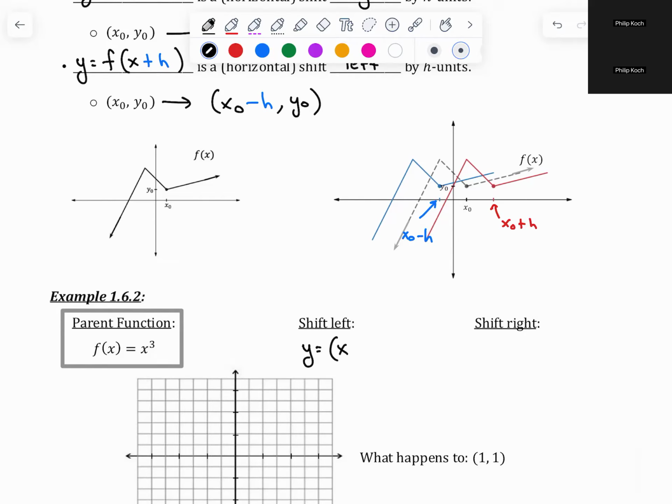A shift left would be x plus 2 cubed, and we'll graph that in blue. A shift right would be y equals x minus 1 cubed. We'll graph that one in red.